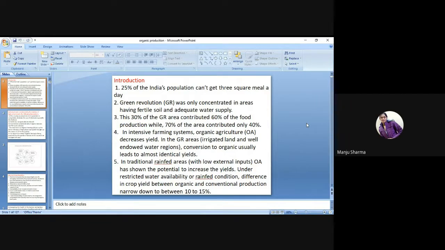So in the intensive farming system of the green revolution, organic agriculture has decreased the yield.